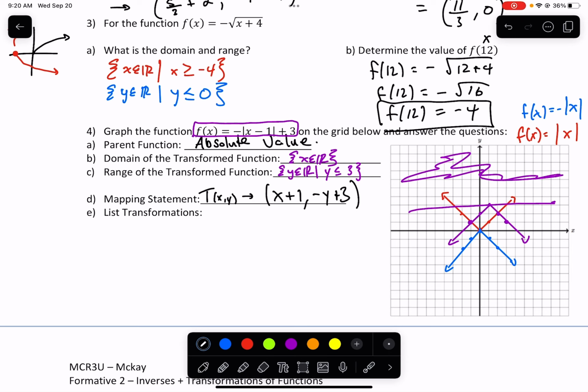There are multiple approaches to doing these graphs, right? Either listing and applying the transformations or using the mapping statement.